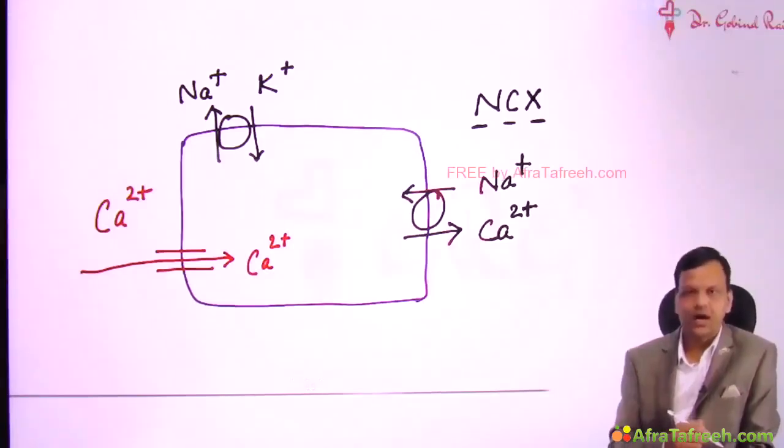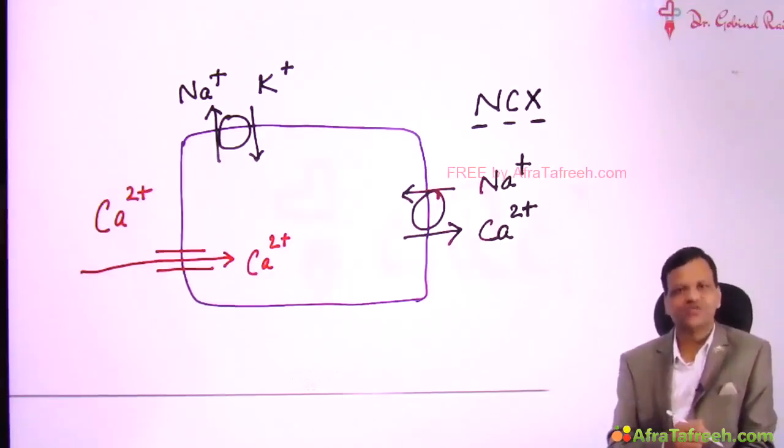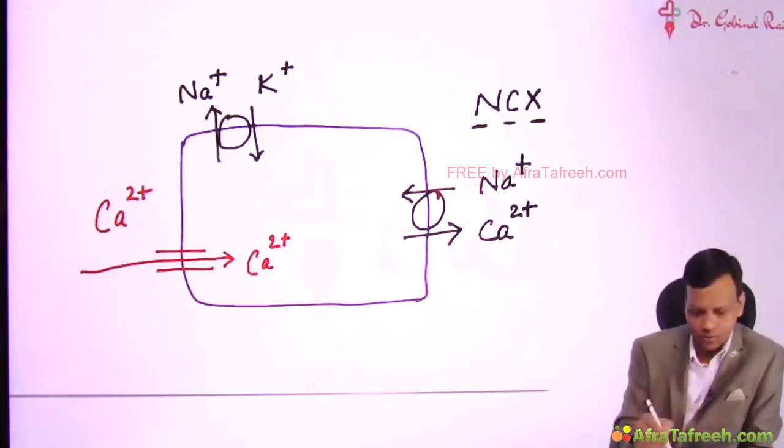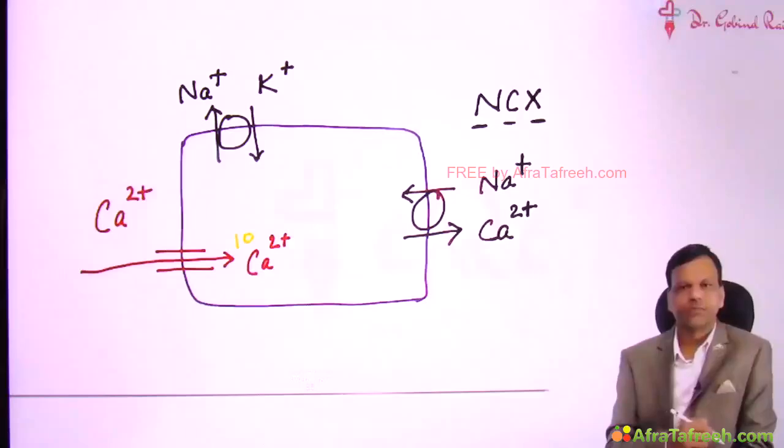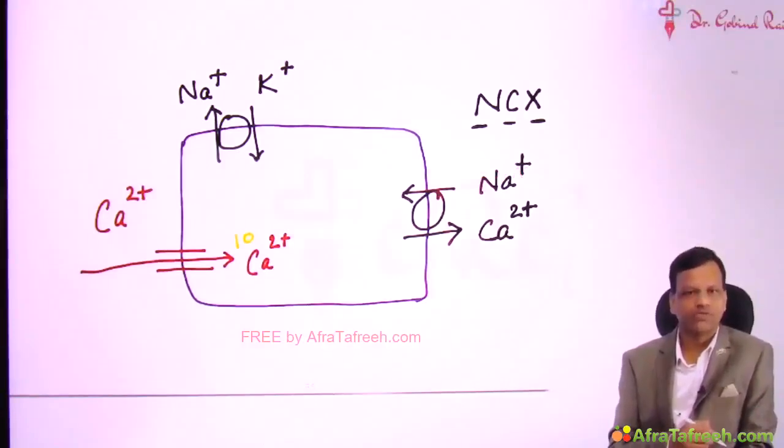The reason is the amount of calcium entering the cell is very small. For muscle contraction we require a large amount of calcium, but this is very small. For example's sake, suppose only 10 molecules of calcium enter. But for muscle contraction we want around 1000 molecules of calcium. So these 10 molecules will not be able to produce muscle contraction.